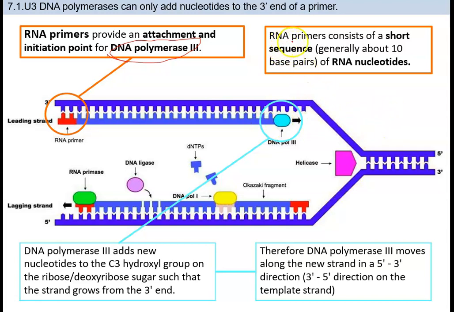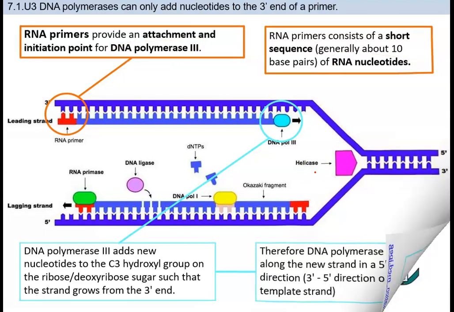And the RNA primer consists of a short sequence, usually about 10 base pairs, and it has RNA nucleotides. It's not DNA, it is RNA. And the function of the RNA primase, as I mentioned, then DNA ligase, and then DNA polymerase 1, and so on, which I just explained in the previous slide.